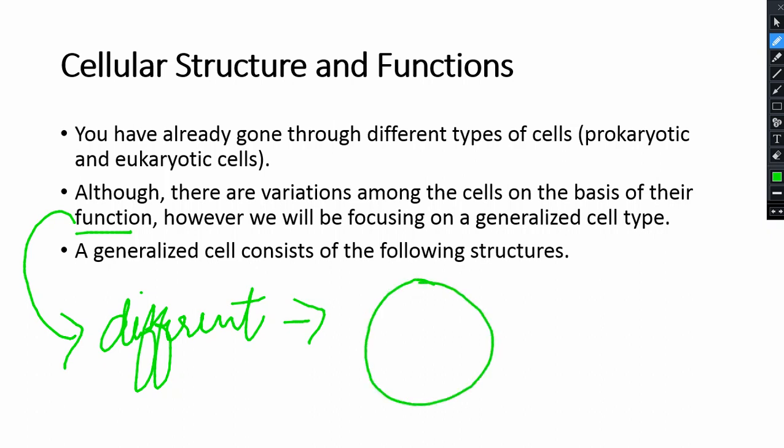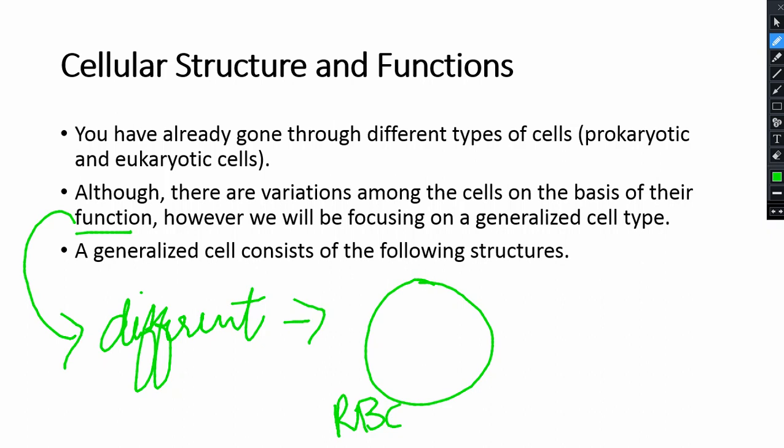For example, take the example of the RBC. The RBC does not have a proper nucleus. It has more hemoglobin, because it carries oxygen. But if you look at a cell of the nervous system, like a neuron, which you studied in the previous grade, it is quite different from the RBC.